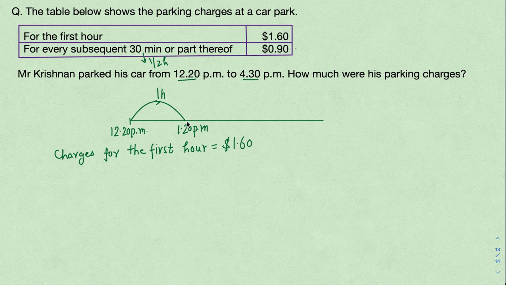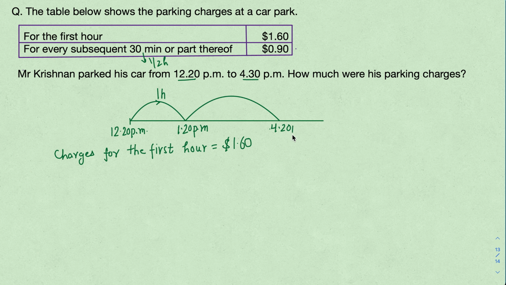One way is to keep jumping 1 hour, then 1 hour, then 1 hour, like 1:20 to 2:20, 3:20 and 4:20. But in place of this, we can just have a quick one-time jump of 3 hours. So from here we can jump straight from 1:20 to 4:20.